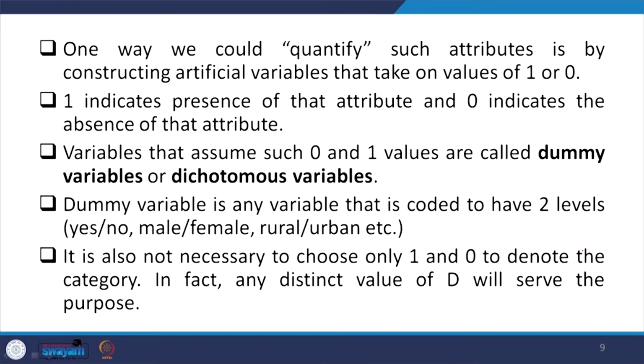A dummy variable is any variable that is coded to have two labels, basically yes or no type, male or female type, or rural or urban, etc. It is also not necessary to choose only 1 and 0. We may choose any code, but it should have two labels only.